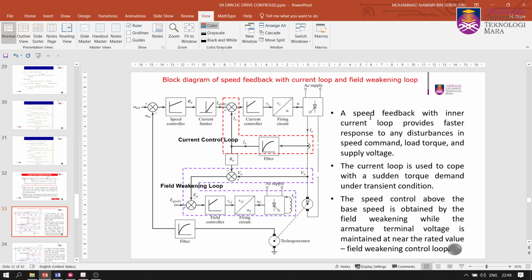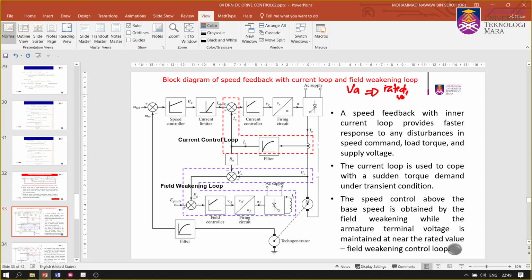So we can read this. A speed feedback with inner current loop provides faster response to any disturbances in speed command, load torque, and supply voltage. The current loop is used to cope with a sudden torque demand under transient conditions. The speed control above the base speed is obtained by the field weakening. So once you reach VA equals the rated voltage, at this point the speed is known as the base speed.